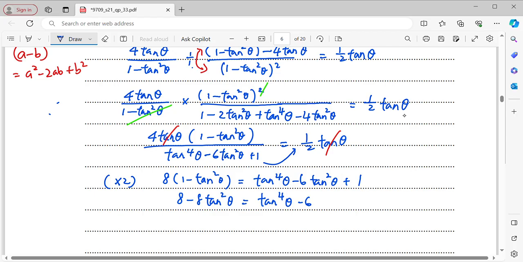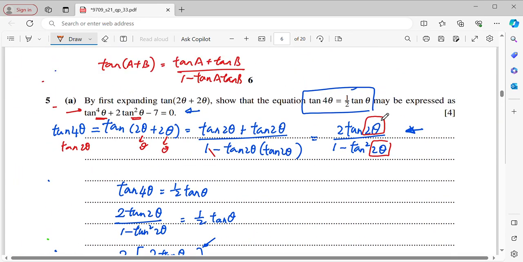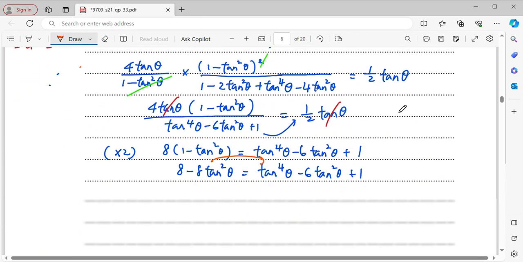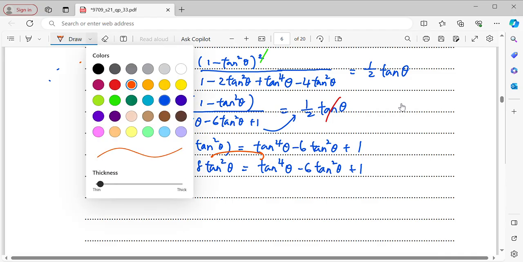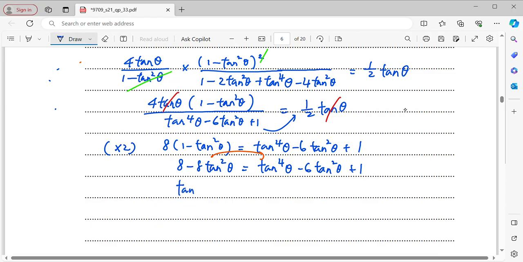And now what we need to do for the next step is just to move all the terms on the left side into the right side. That means you will be getting the tangent to the power 4 theta as the first term. Then now I will be getting tangent to the power 4 theta minus 6 tangent squared theta plus 1. So the plus 8 moved to the right side becomes minus 8. The minus 8 tangent squared moved to the right side becomes plus 8 tangent squared theta equals to 0.